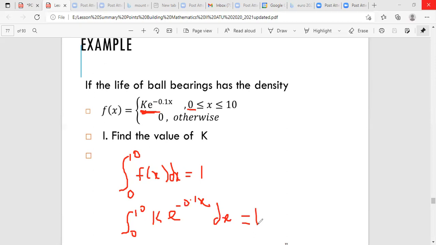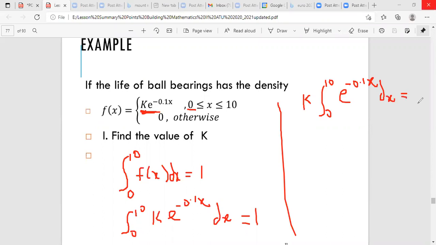If that is the case, k is a constant, so we can bring it out. Then I have k out, integral from 0 to 10 of e raised to the power negative 0.1x dx, equals 1. Now, when we integrate e raised to the power x, what do you get?